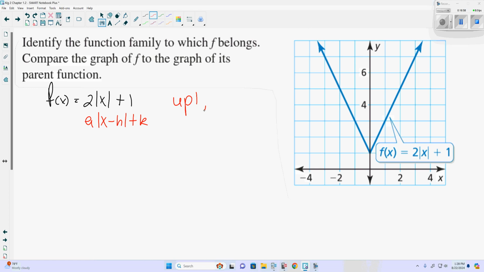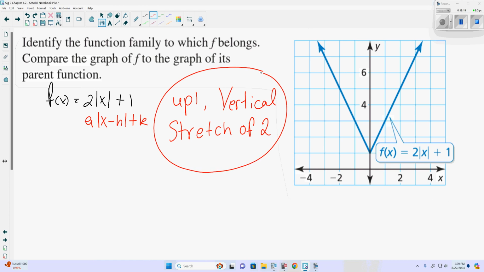A's value is not negative, so there is no reflection. But a's value is 2, yes? Which means we have a vertical stretch of 2. And that's it.